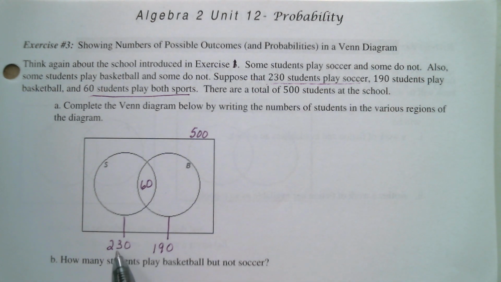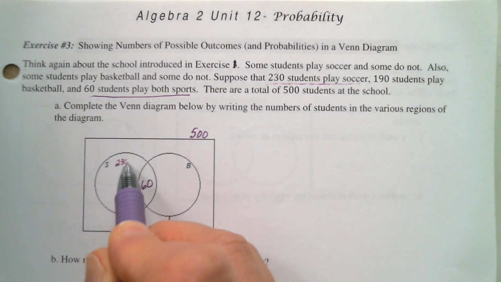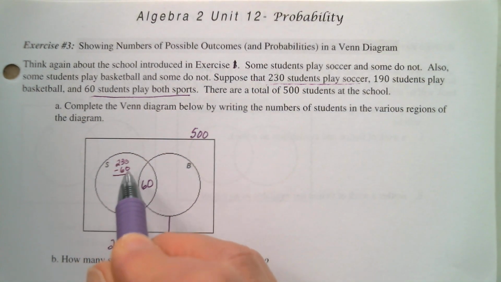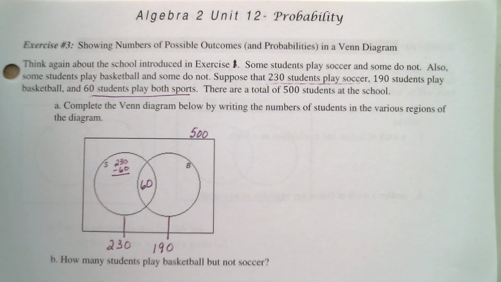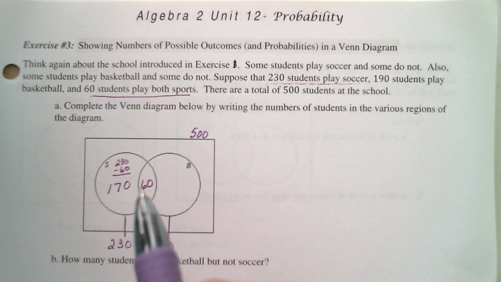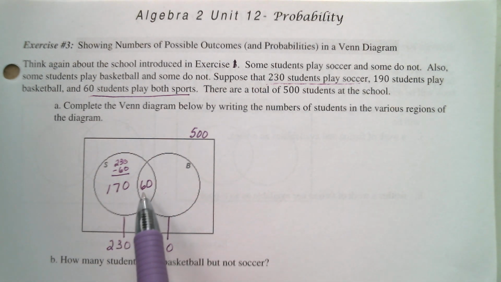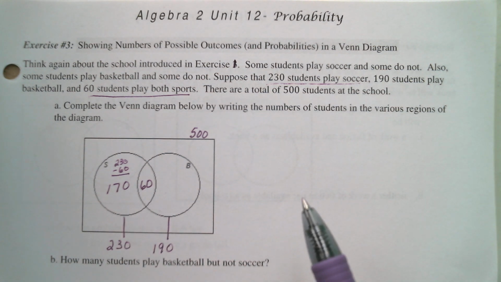You simply take 230 minus 60. 230 minus 60 is 170. So that means of our 230 students that play soccer, 170 play soccer only, and 60 play soccer and basketball. Right? 170 plus 60 is 230.